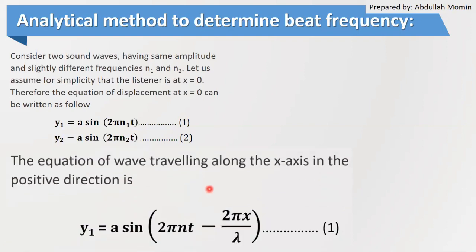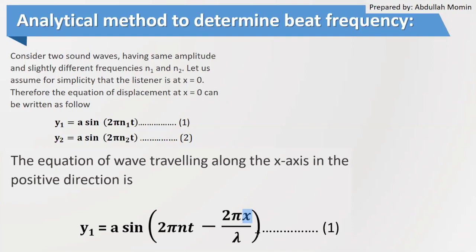So we have learned that the equation of traveling wave when it travels along a positive x-axis can be written as y1 is equal to a sin 2 pi nt minus 2 pi x upon lambda. And what we are considering here is that this x is 0, the position is 0, that means x is equal to 0.